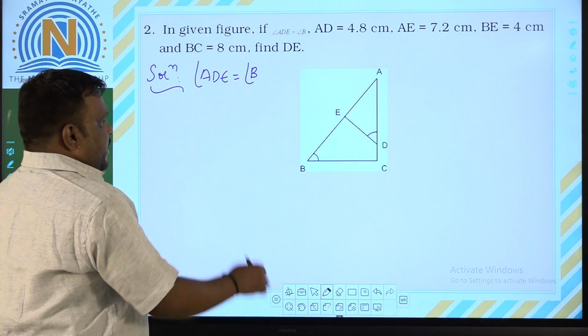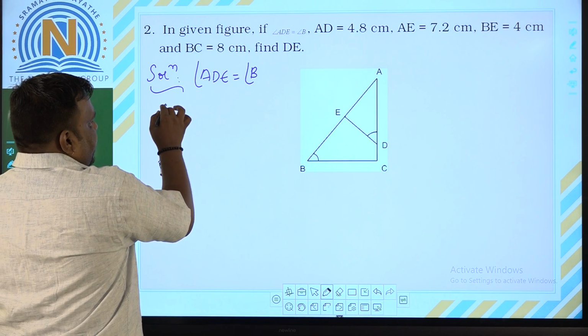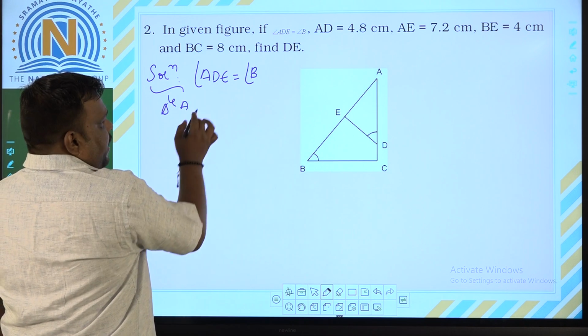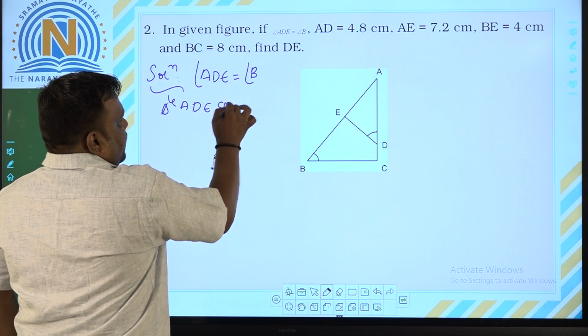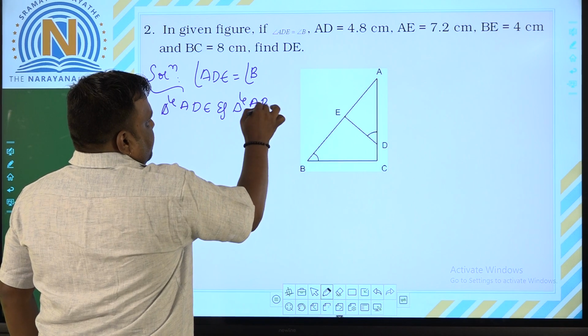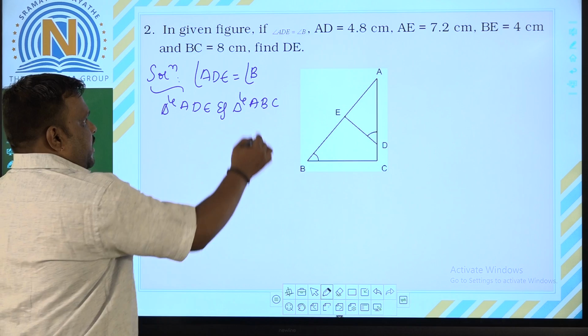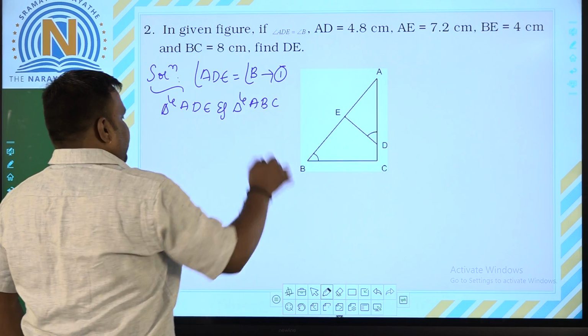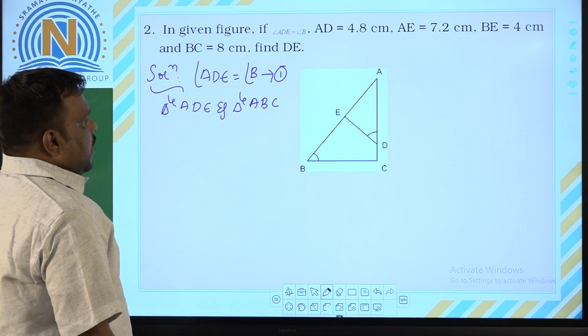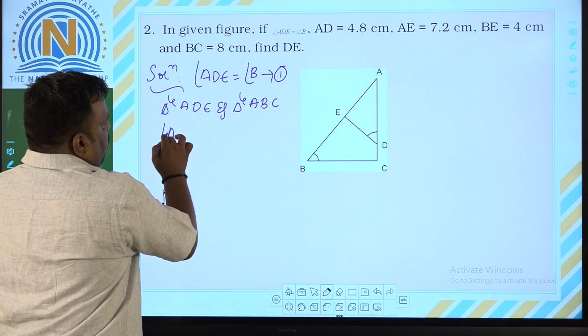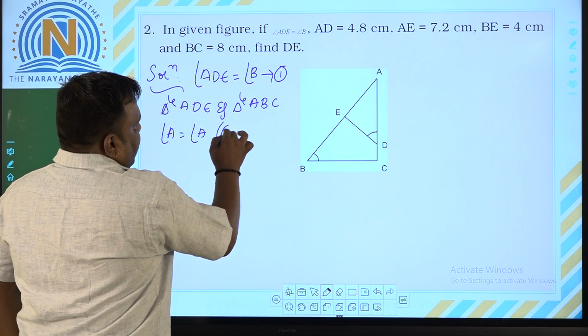Now consider two triangles, triangle ADE and triangle ABC. In this, angle ADE is equal to angle B, which is given. Next, angle A is equal to angle A, that is the common angle.